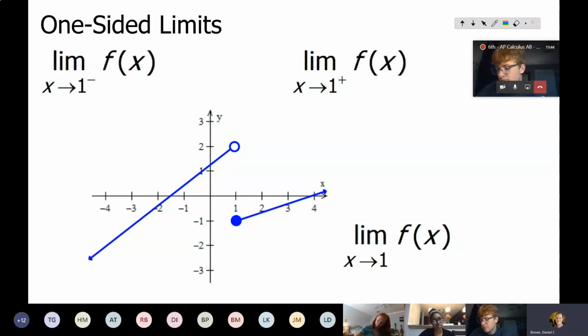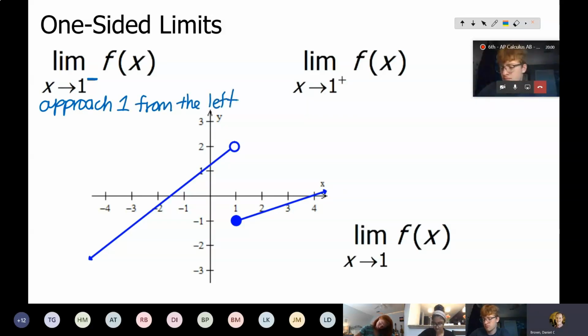So how I interpret this, when you see a minus in the exponent, that means you are going to just approach 1 from the left. And the way I think about that, if you think about a number line, the negatives are on the left-hand side. When I see as x approaches 1 with a plus sign, that means you are going to approach from the right.